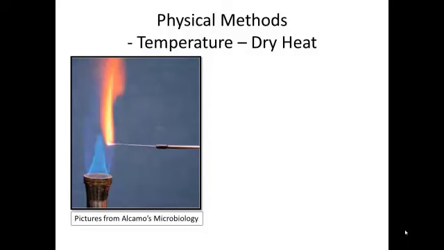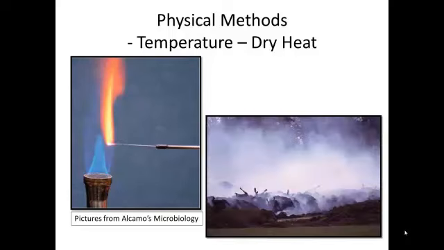We also use incineration when we're trying to get rid of large amounts of protein. If a cow is found to have mad cow disease, it's incinerated. So they take it to a pit. In this case, this is probably a picture from when they were getting rid of herds that had hoof and mouth disease.